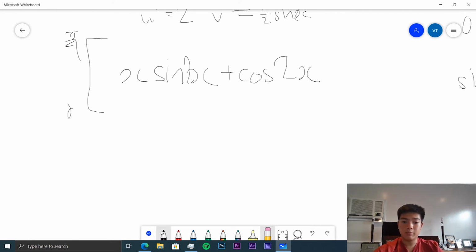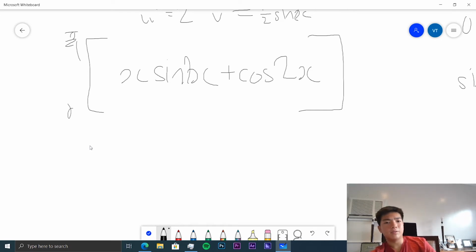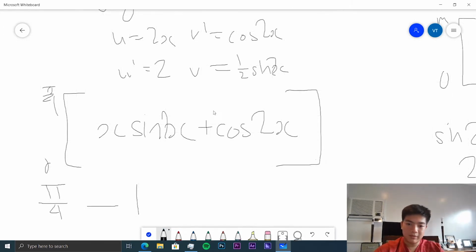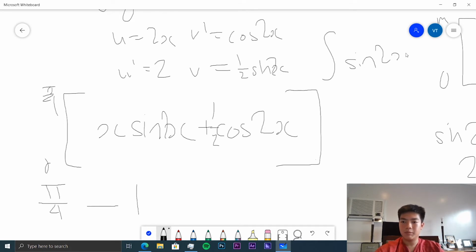So we have the mean as equal to x sine 2x. Sine pi over 2 is equal to 1, so pi over 4, plus cosine 2 times pi over 4, which is cosine pi over 2, so it's 0, minus cosine 2 times 0, which is 1. Oh wait, do I have to multiply 1/2 to this part? Yes, I do, sorry, because the integral of sine 2x is minus 1/2 cosine 2x.